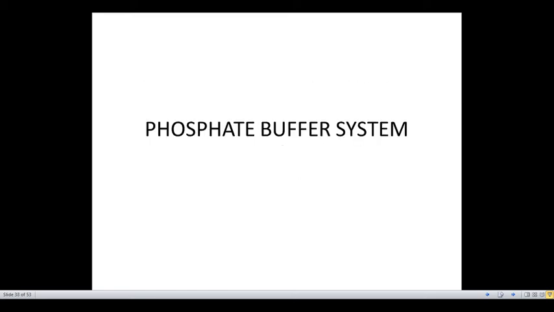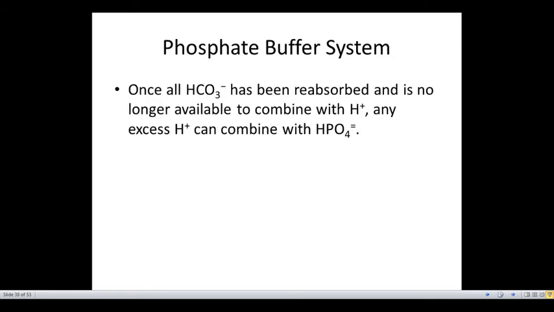Phosphate buffer system. As mentioned earlier, the phosphate buffer system is composed of hydrogen phosphate and dihydrogen phosphate. Once all bicarbonate has been reabsorbed and is no longer available to combine with hydrogen ions, any excess hydrogen ion can combine with the hydrogen phosphate ions.